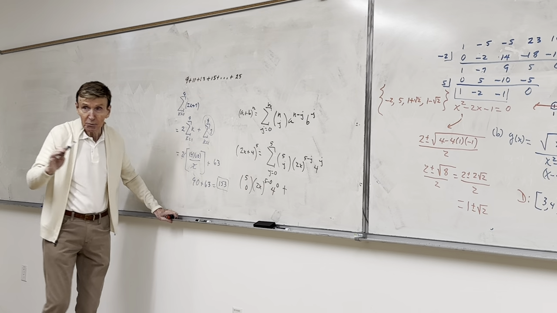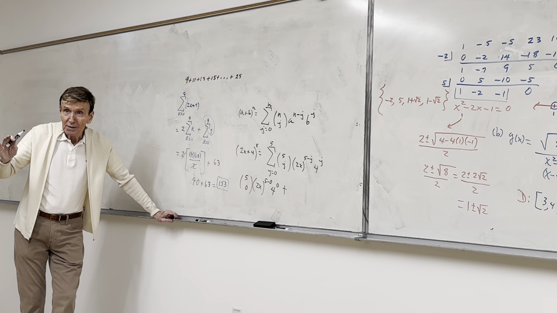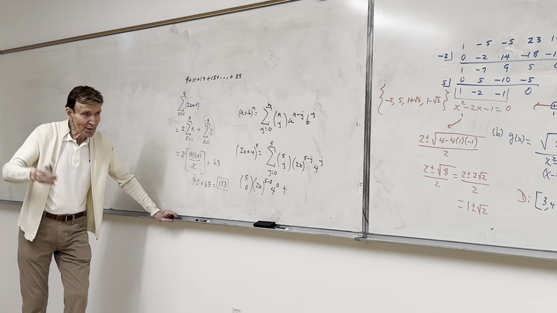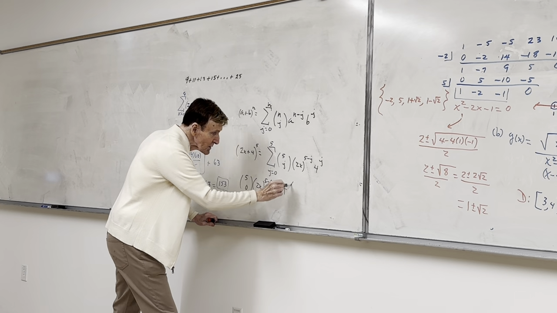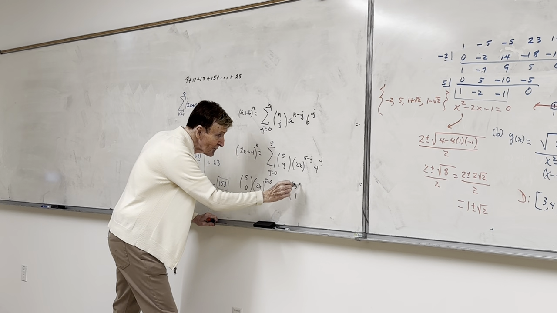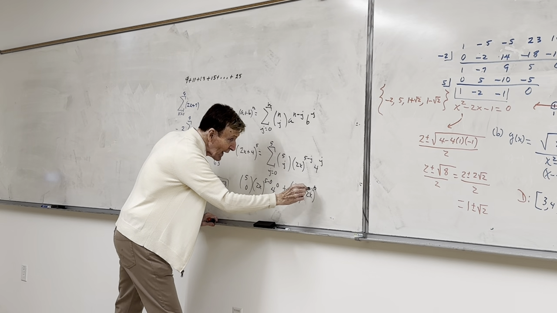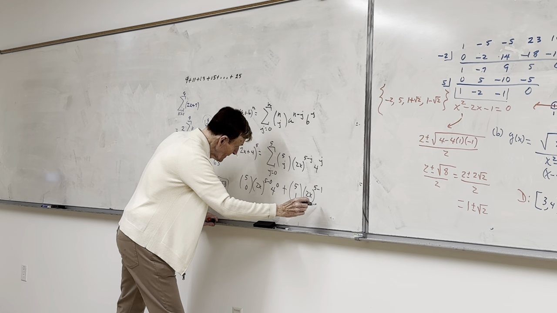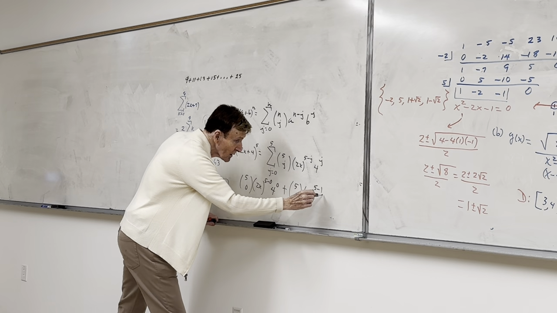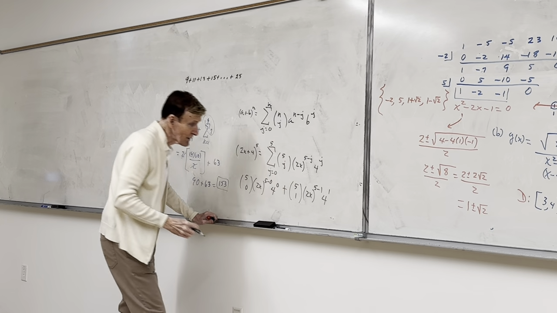Is that the way the first term would look? Then let's replace J by 1. If I replace J by 1, it's 5 choose 1. 2x raised to the 5 subtract 1. What was it? 4 raised to the 1. Is that true?